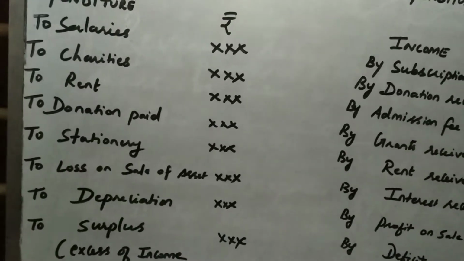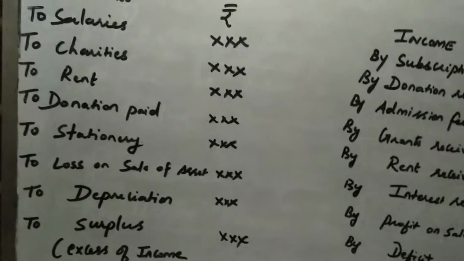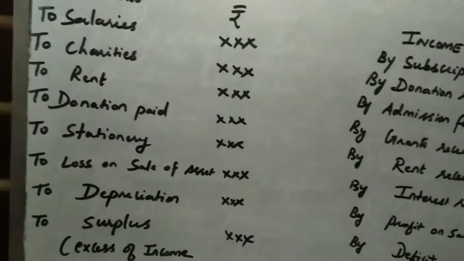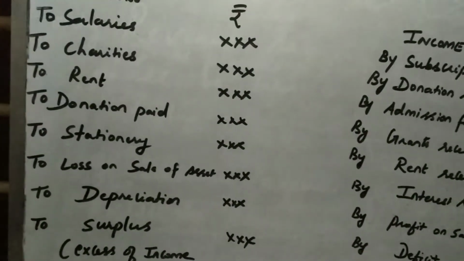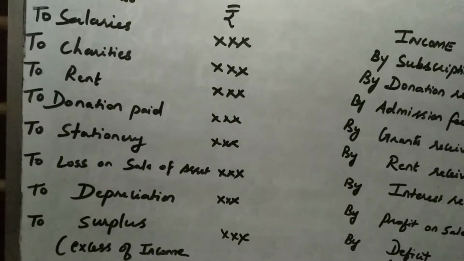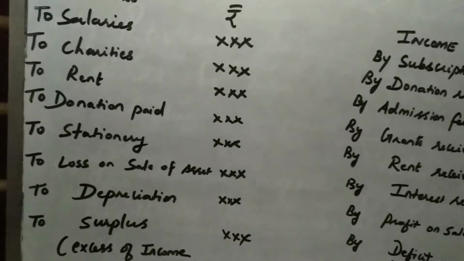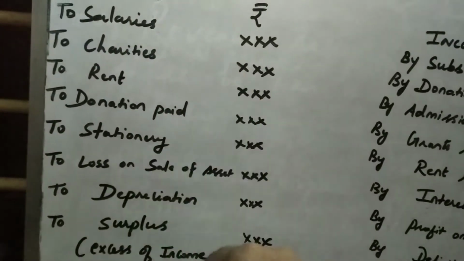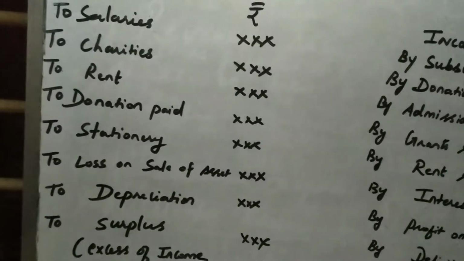Then rent. Donation paid. This is general donation. In the previous class we have discussed general donation and specific donation. Right? So general donations will be shown on the expenditure side.